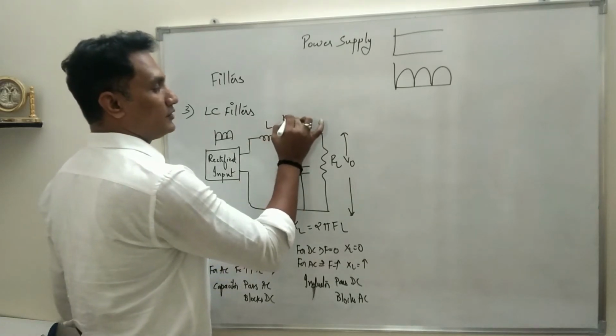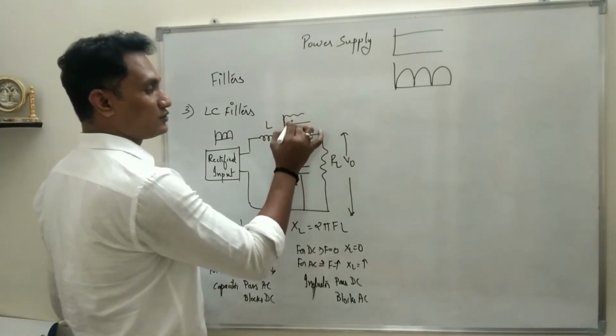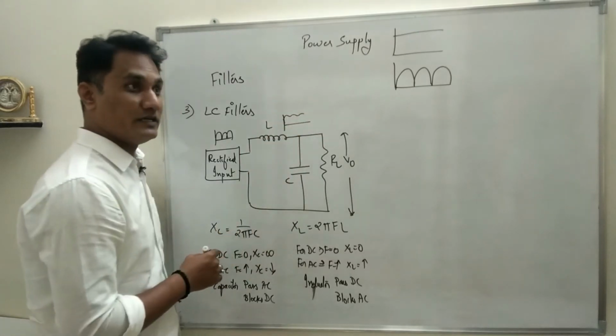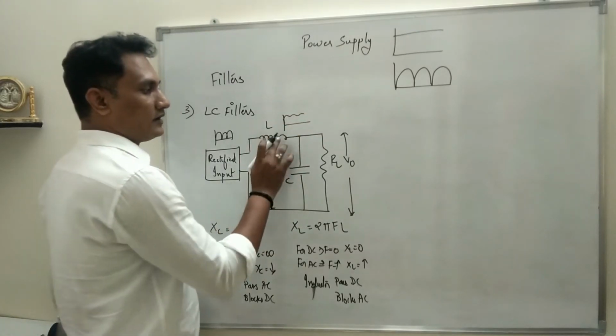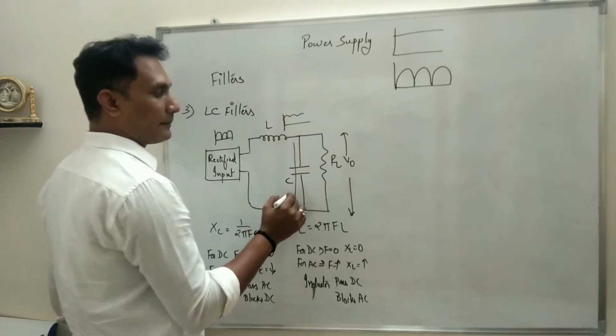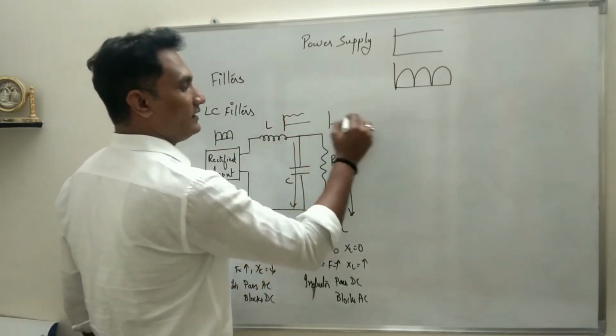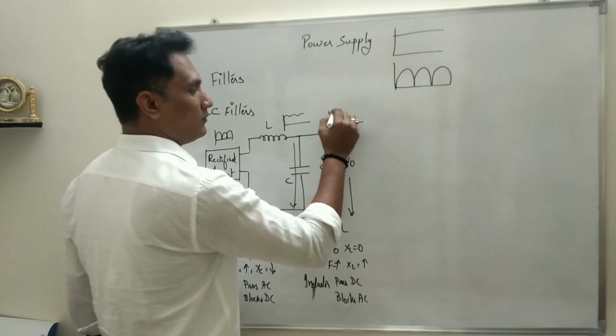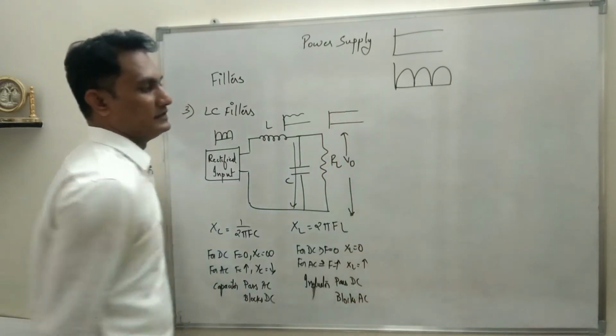But is that a pure DC? No, it will have some fluctuation. That means some AC component is still mixed in the DC component. If you take the output of the inductor, that AC component will be bypassed through the capacitor, so what you get at the load resistance is almost a pure DC.